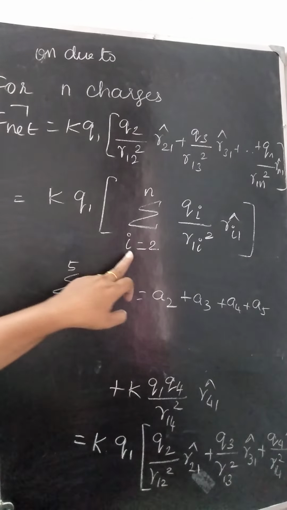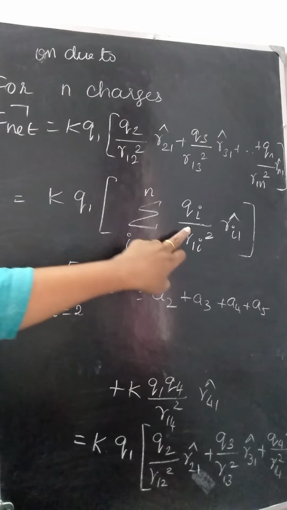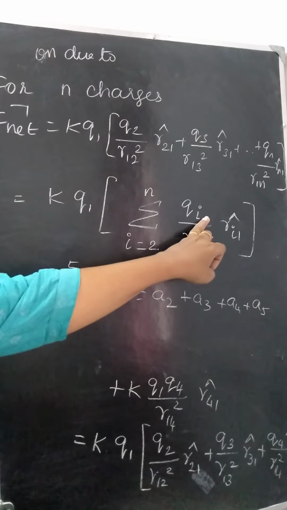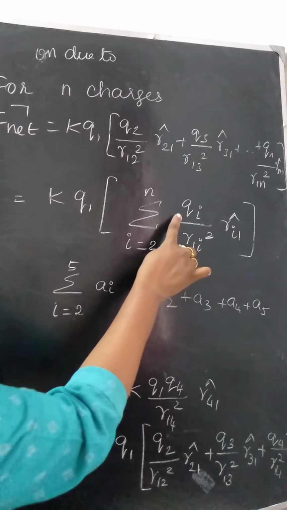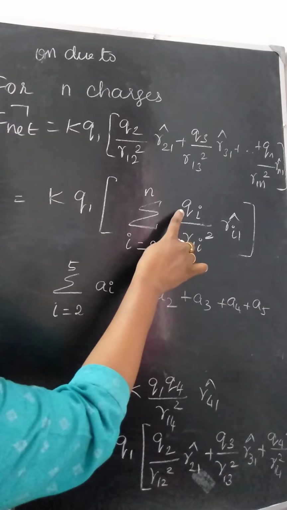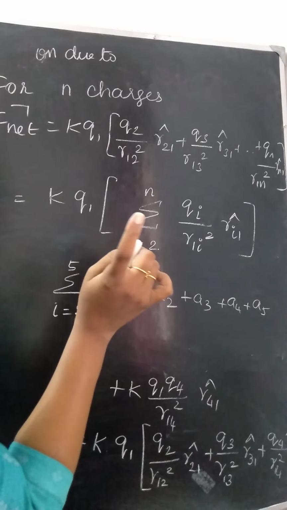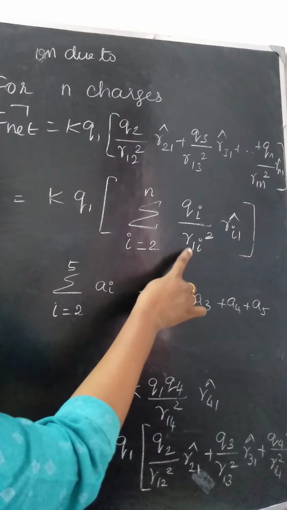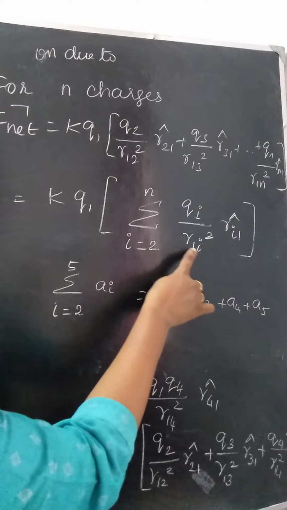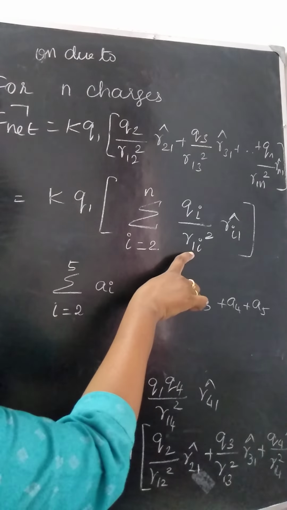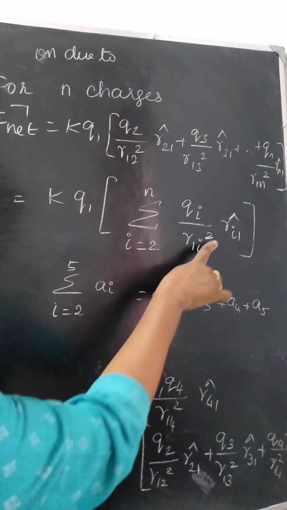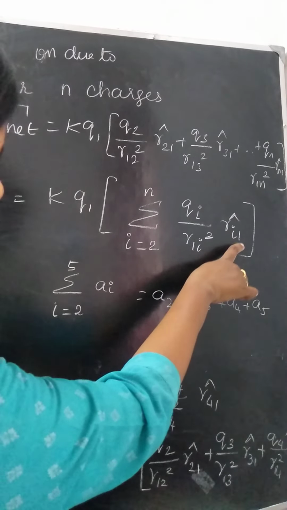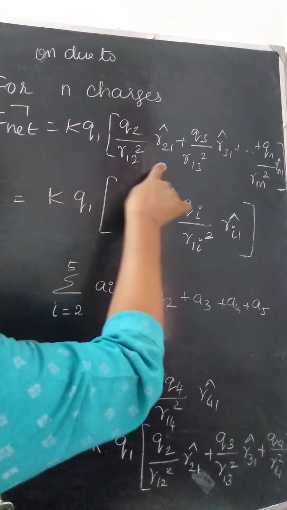Okay. So if I am starting from 2, what is the first value I will get? Replace I by 2. What you will get? Q2, right? No, R12, 1 is there. R12 square into R21 cap. Shall we get the first term?